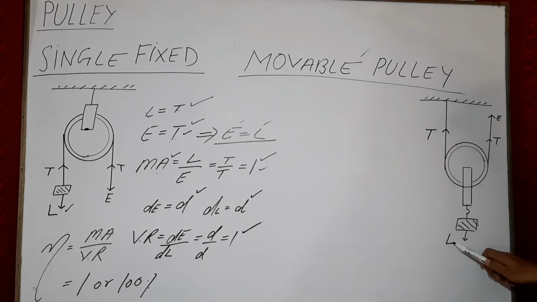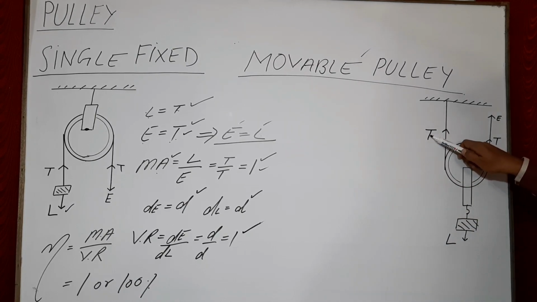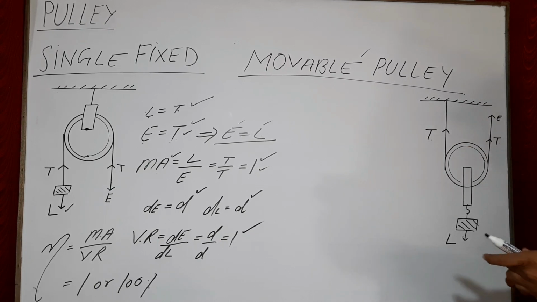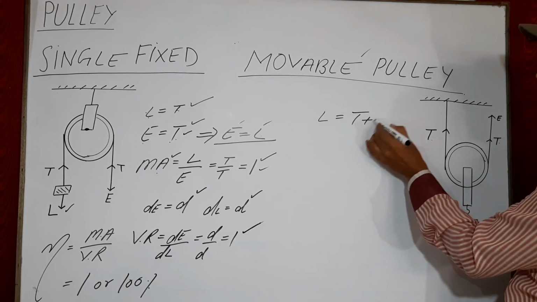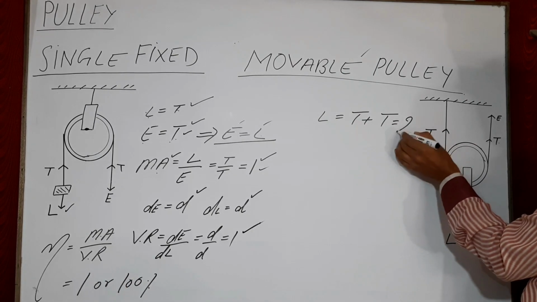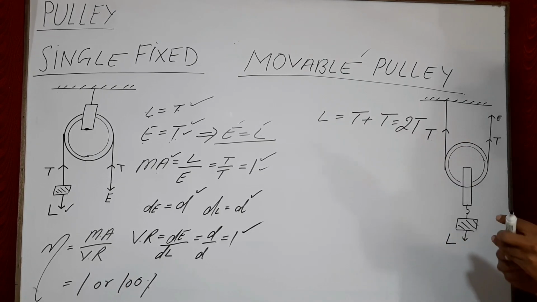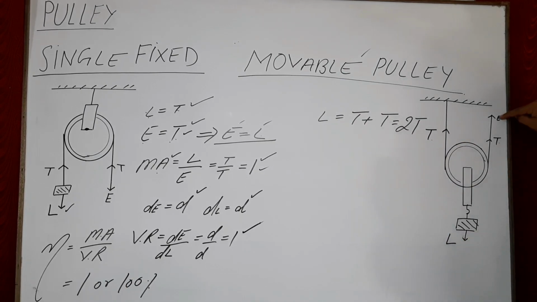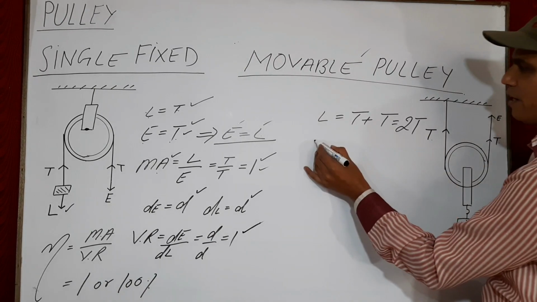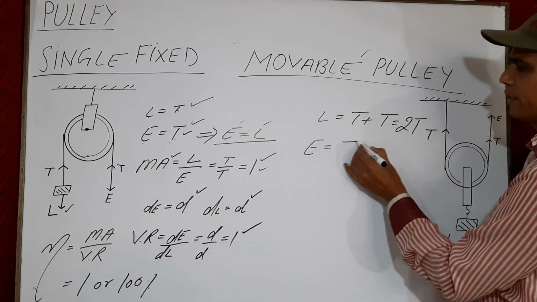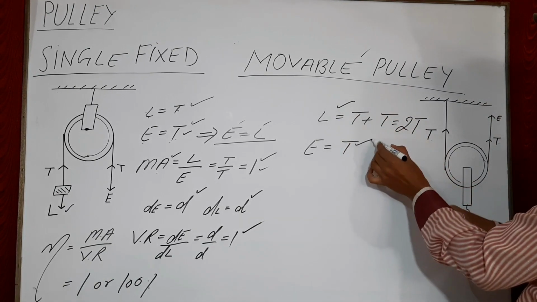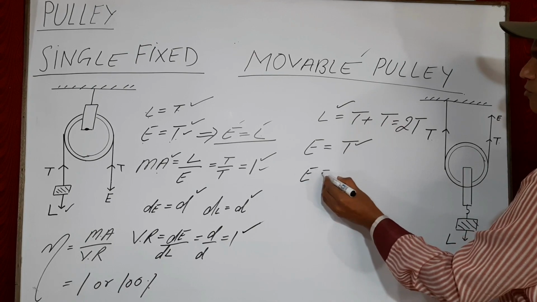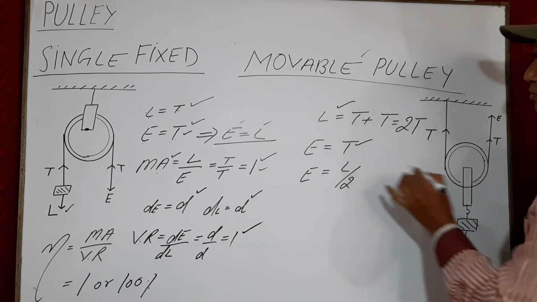Here the load is supported by two tensions, this tension and this tension. So you can write that load is equal to T plus T, two tensions are there, or you can write 2T. And in the balance position, you can see effort is equal to tension. Therefore, if I apply this result over here, I will have effort equal to load by 2.